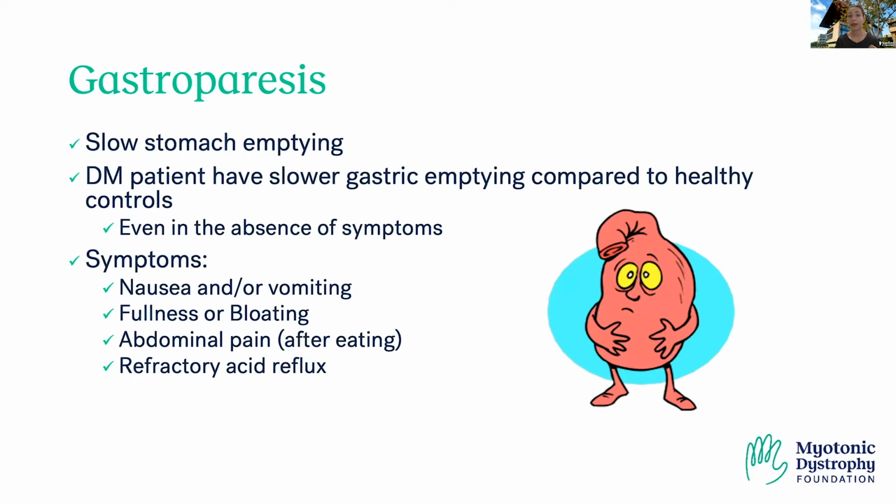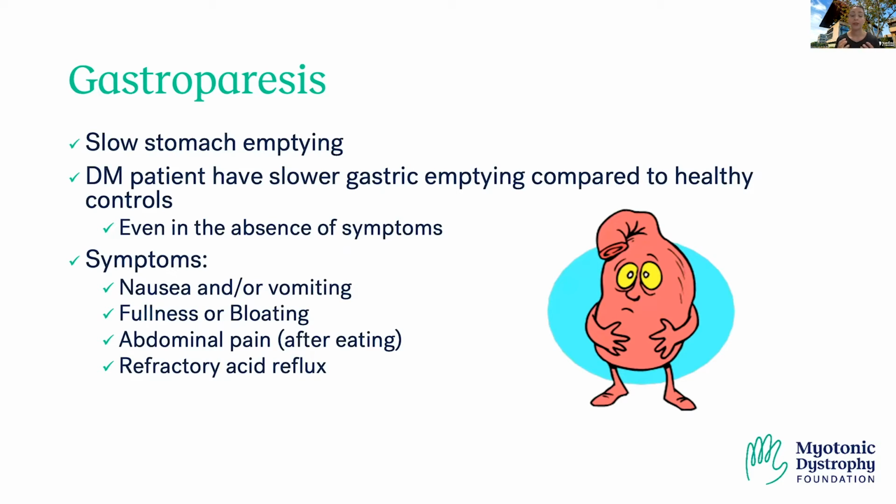Moving on to the stomach, I want to talk to you about delayed gastric emptying, or what we call gastroparesis. Gastroparesis is a disease in which the stomach cannot empty itself of food in a normal fashion. So the stomach, as you saw, is through the contractions pushing the food to the small bowel.